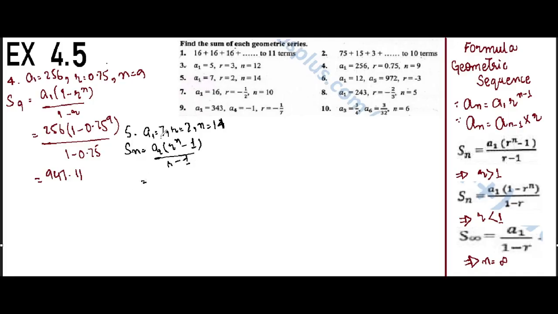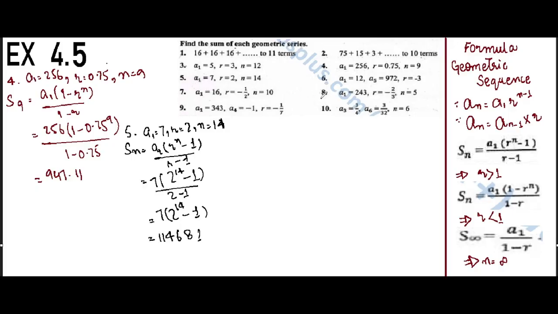So this equals a1 is 7 into r is 2 raised to the power 14 minus 1 whole divided by r minus 1, which is 2 minus 1, which equals 7 by 1, 7 into 2 raised to the power 14 minus 1, which is 114681. So this is the answer of question number 5.